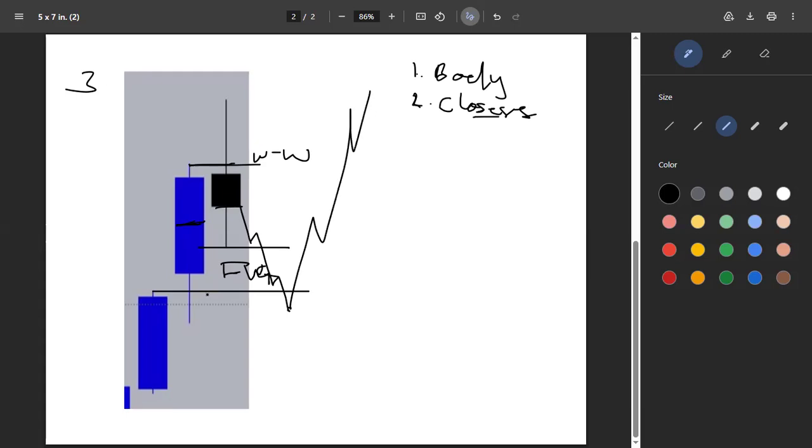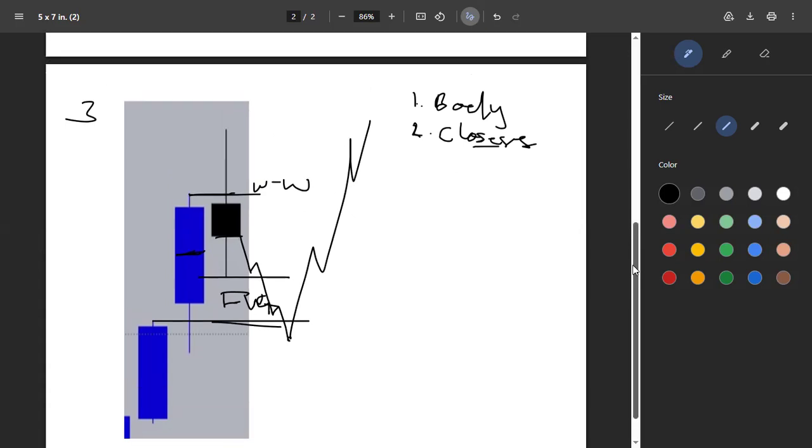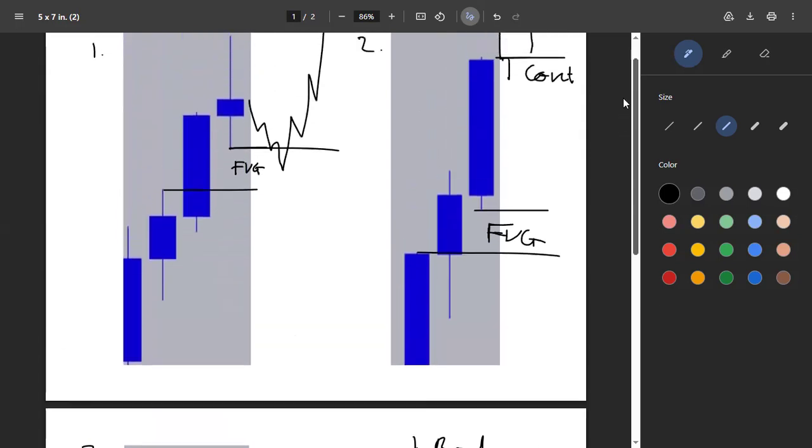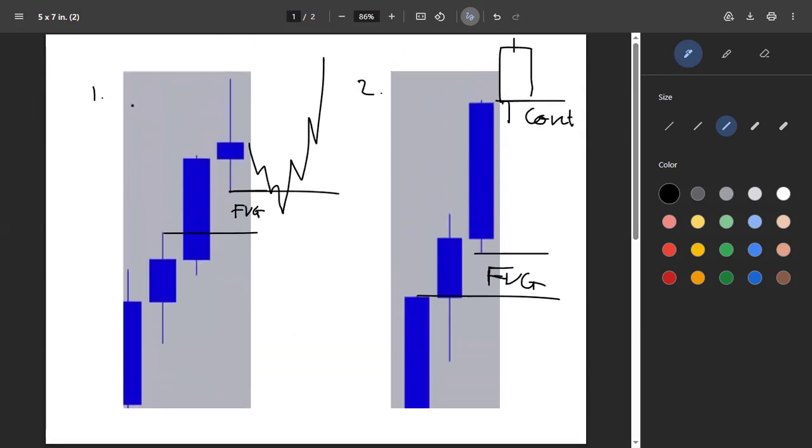So you may be taken out, and then price goes your way. So you have to observe all scenarios. But the only fair value gap that works most of the time is this first scenario. Small body, fair value gap. There now you have to see price coming to your fair value gap and then activate your entries. Boom.